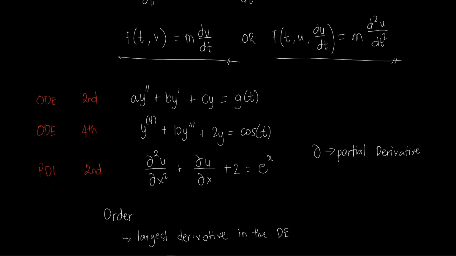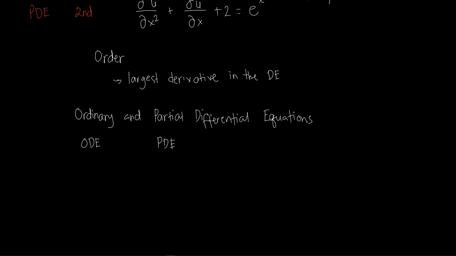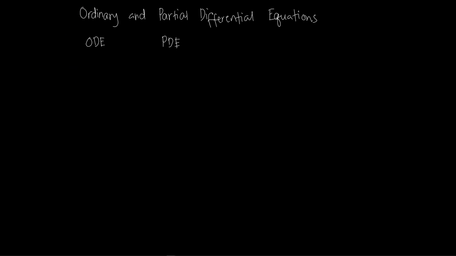Partial differential equation. So, ganyan lang kasimple. Para ma-distinguish natin if a certain DE is an ODE or a partial DE. Okay? Next, meron din tayong tinatawag na linear differential equation.